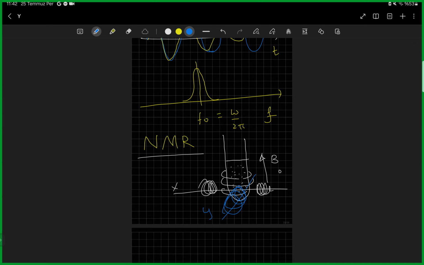I have one more. You introduced a cluster state with four photons. You said we can also increase the photon numbers in the cluster.